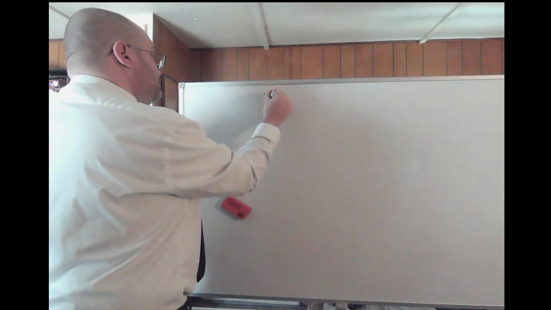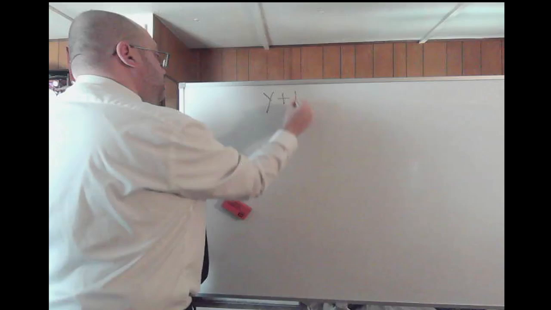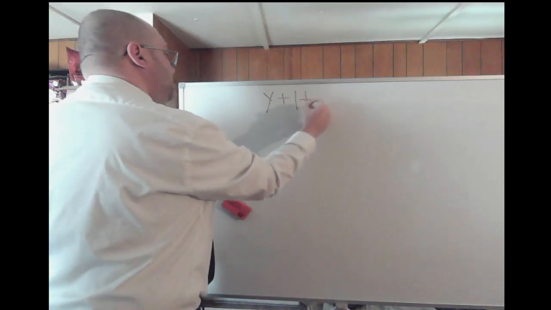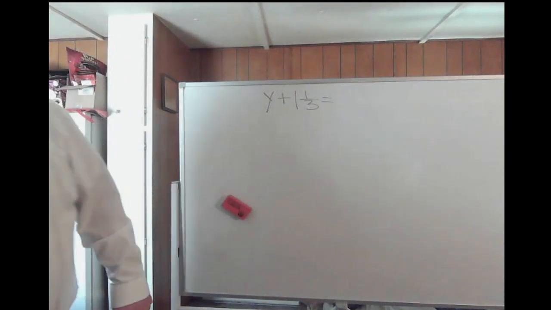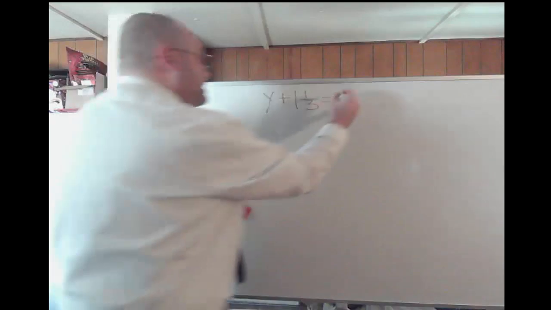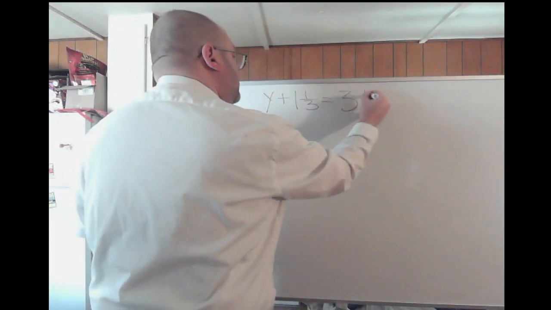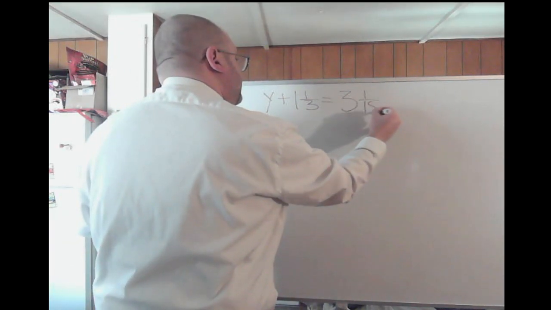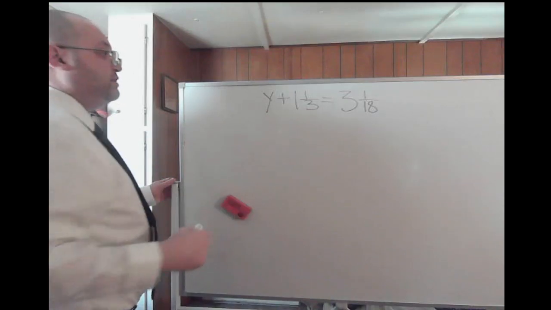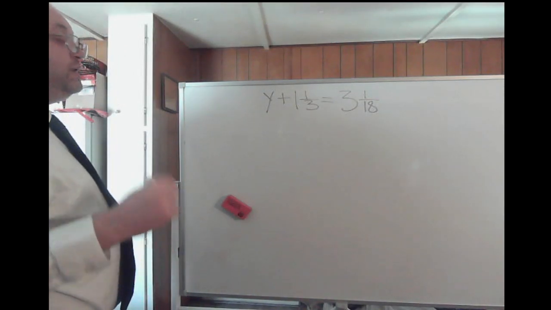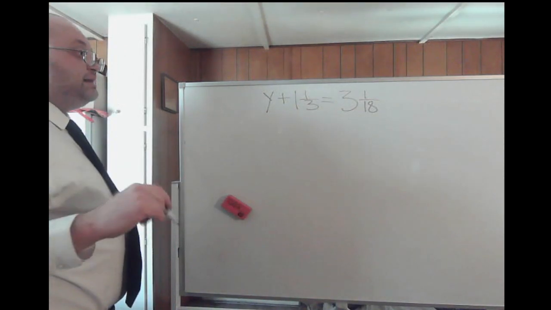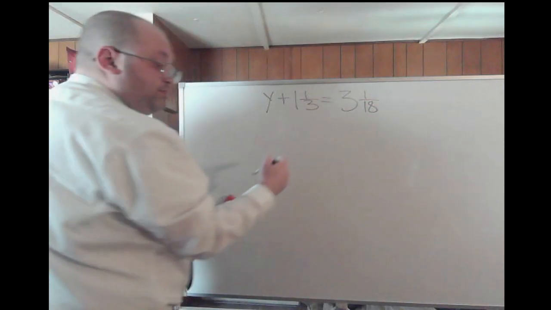We got y plus 1 1/3 is equal to 3 1/18. So y plus 1 1/3 equals 3 1/18. Well, first thing I would do, convert your mixed numbers into improper fractions.